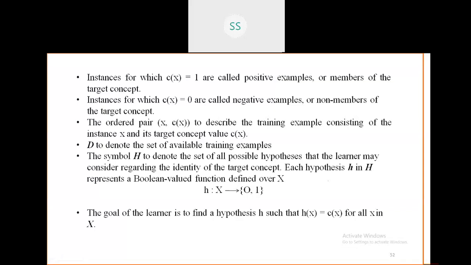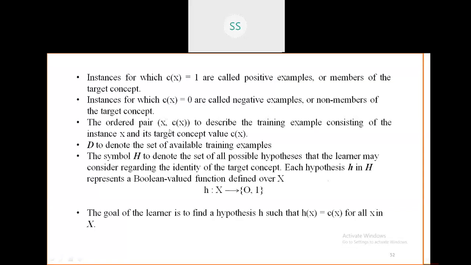If c of x becomes 1, they are called members of the target concept. If the instance is not chosen, it is negative, and they are called non-members of the target concept. The ordered pair x comma c of x describes a training example, consisting of x and its target concept value c of x.